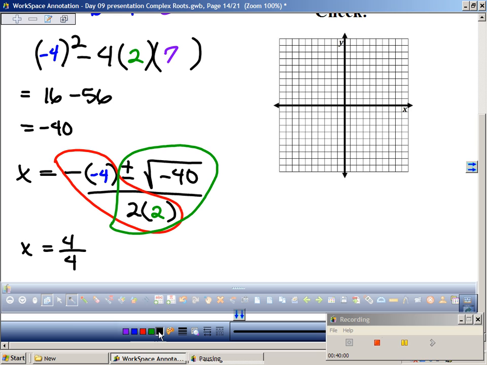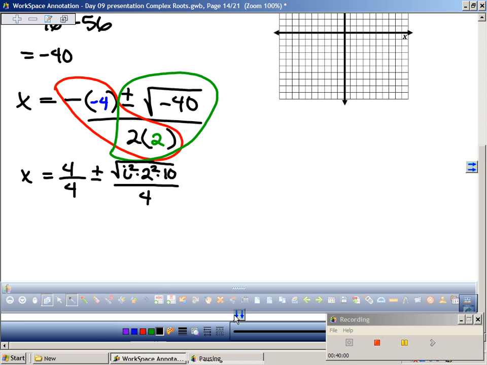So if I do this, I get 4 over 4 plus or minus the square root of negative 40, which is i squared times 4 times 10, which is 2 squared, times 10, all over 4. 2 times 2 is 4, right? Then we're left with 4 over 4 is 1, plus or minus 2i root 10 over 4.